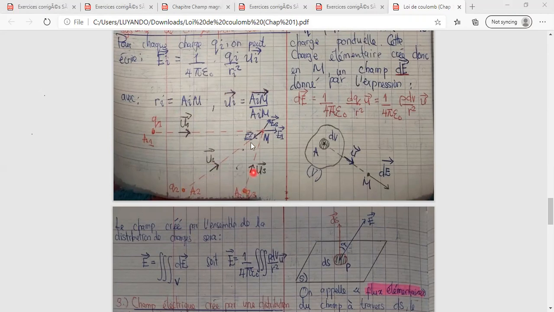So I want you to notice something here. When they meet at M, we have the electric field produced by Q1 going in the outward direction, by Q2 going in the inward direction, and by Q3 going in the outward direction. So let me just read and then I'll explain.